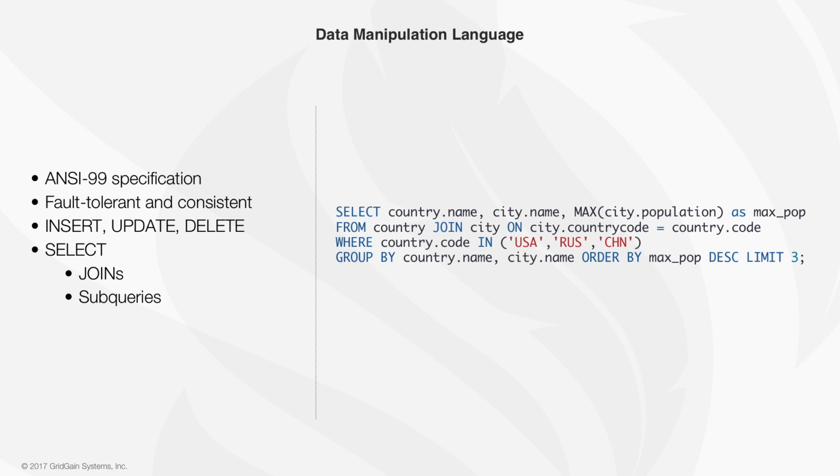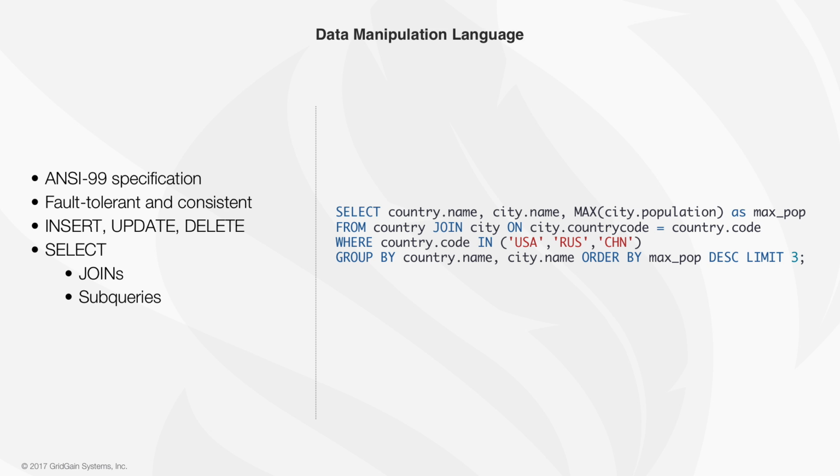It's worth mentioning that all the queries like inserts, updates, deletes, or selects that you run over your Apache Ignite cluster are fault tolerant and consistent. Meaning that if during a query execution your cluster topology changes, like you add new cluster nodes or remove old ones, your query is guaranteed to return a complete and consistent result set.